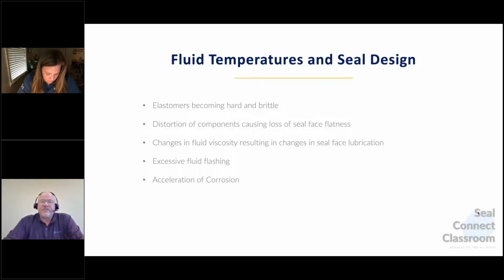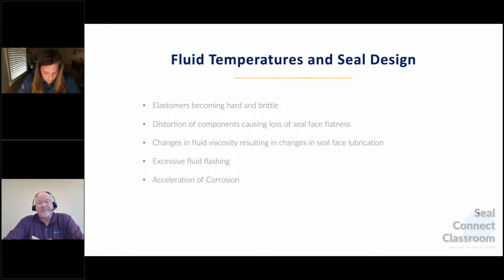And excessive fluid flashing, like we talked about with water. Some hydrocarbons do that. They'll flash at elevated temperatures, and they will not lubricate seal faces and cause the faces to run dry. Another thing is that with acids and those sorts of things, at higher temperatures you get acceleration of corrosion of metal parts. So you may have to use upgraded metal parts in your seals to handle excessively corrosive environments because of acceleration.